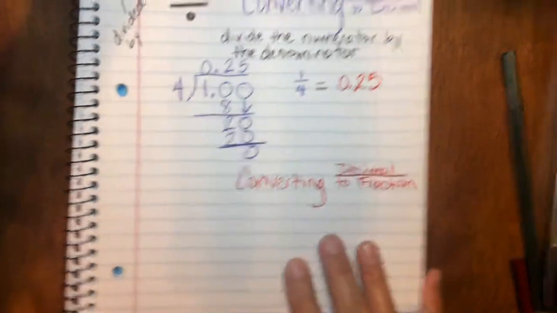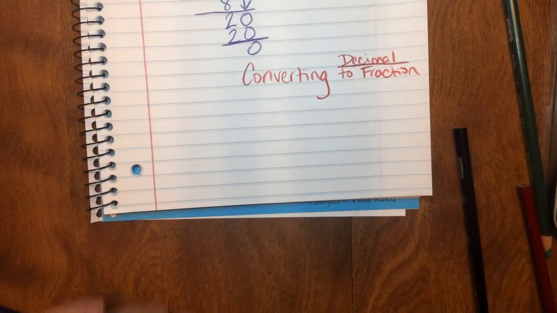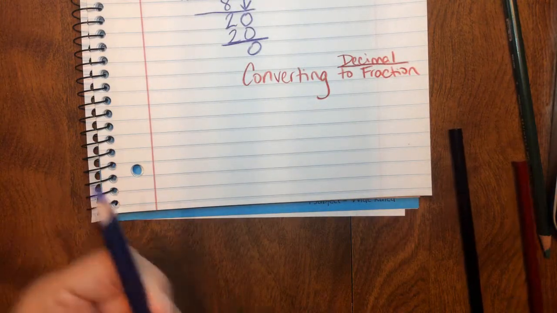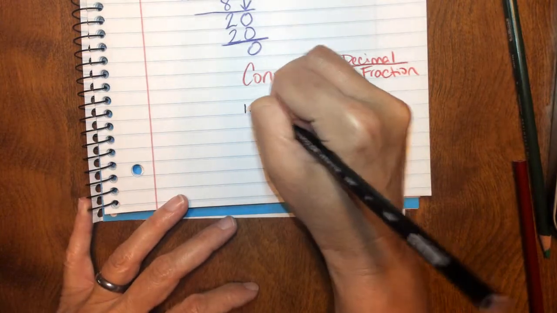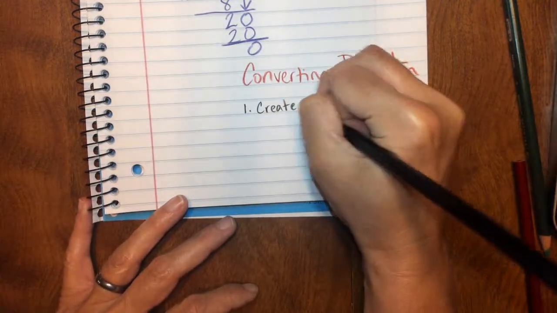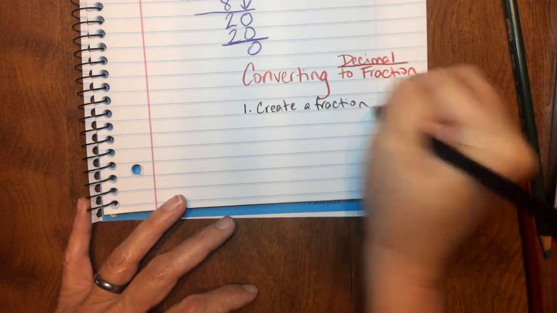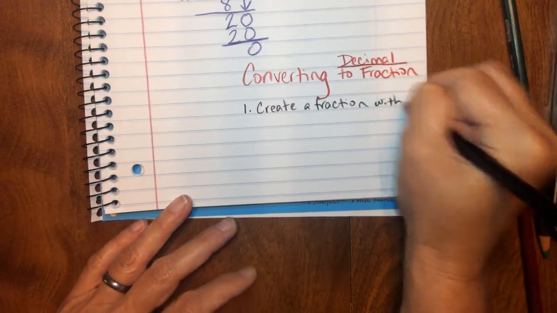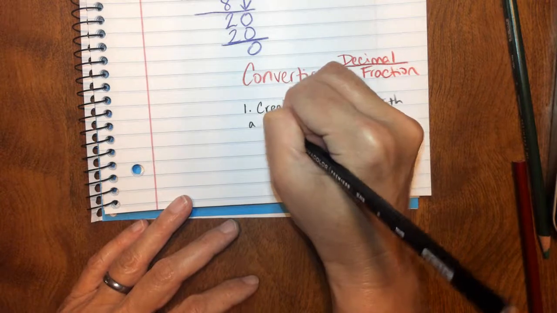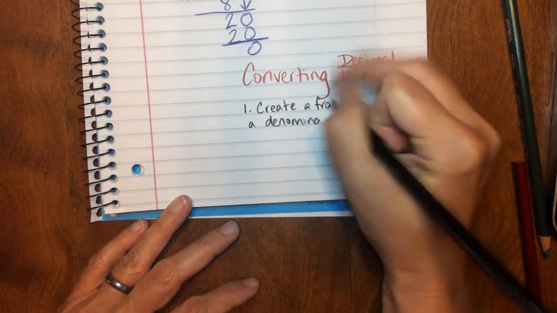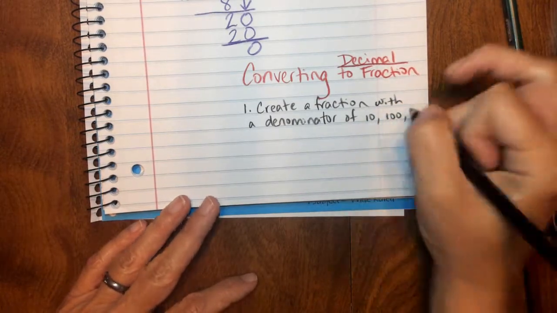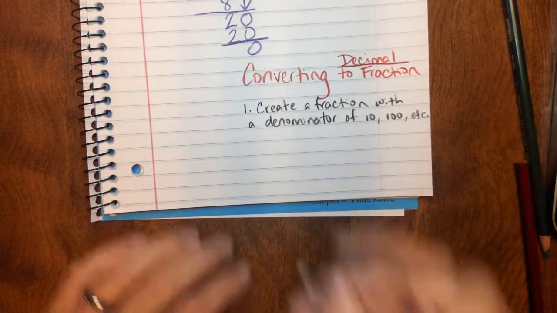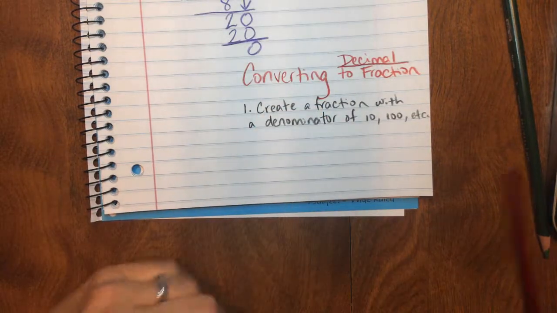And what we're going to do is, kind of step one, create a fraction with a denominator of 10, 100, etc. What do we mean? I'll explain that in a minute. Okay, so what do I mean by that?